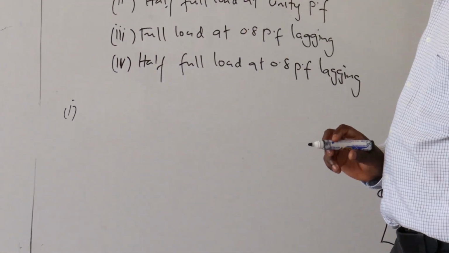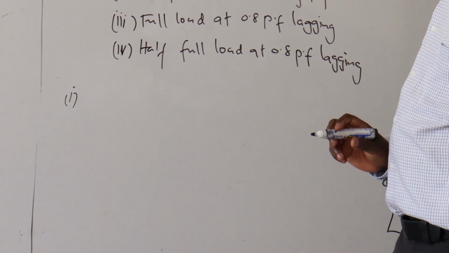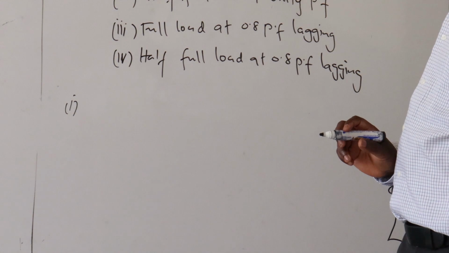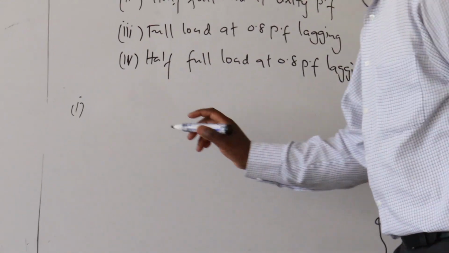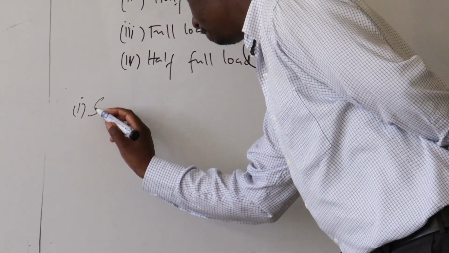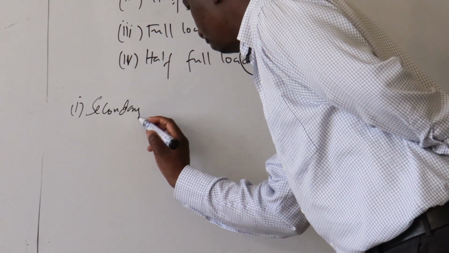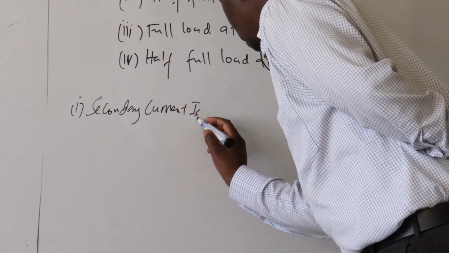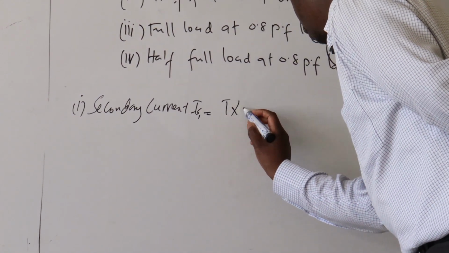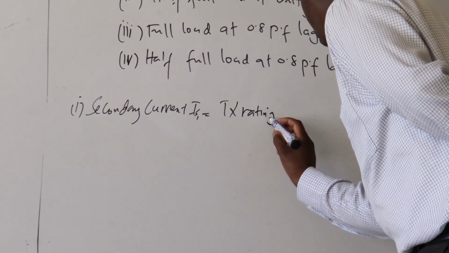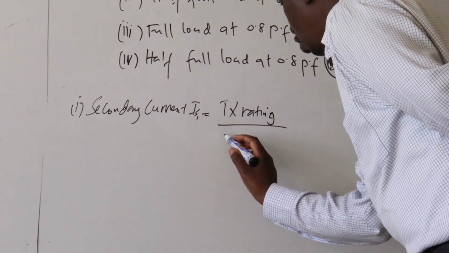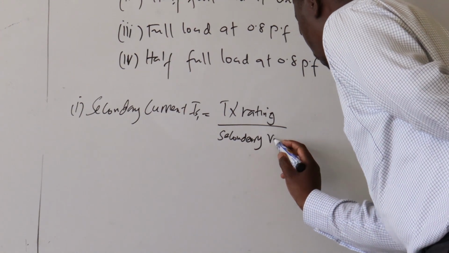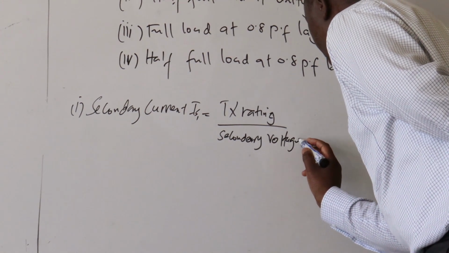To get the copper losses, we must first get the secondary current. The secondary current IS is given by the transformer rating over the secondary voltage.